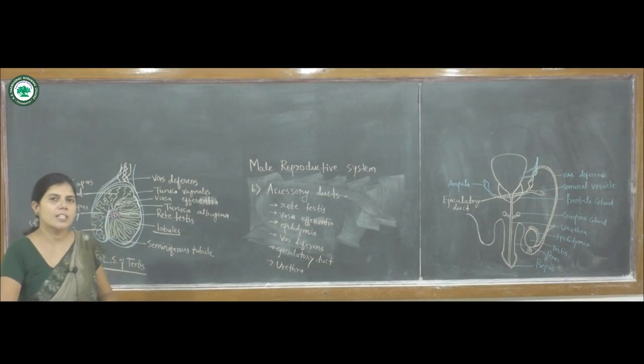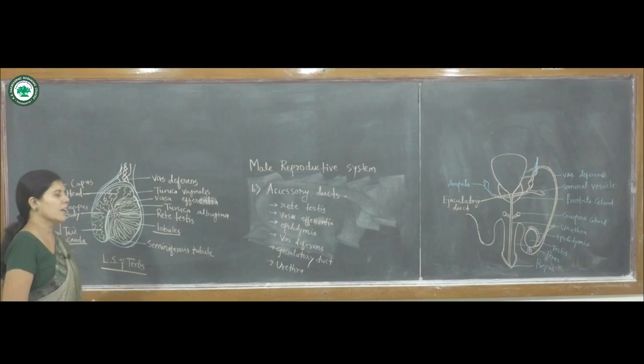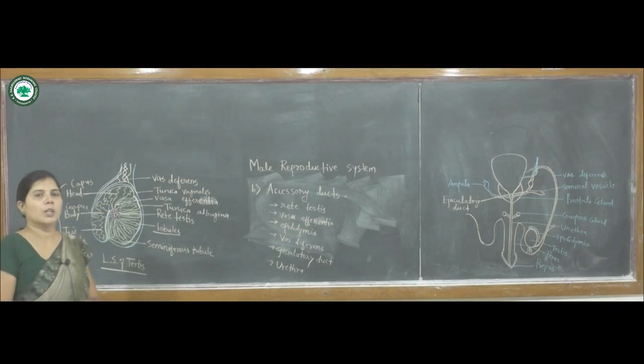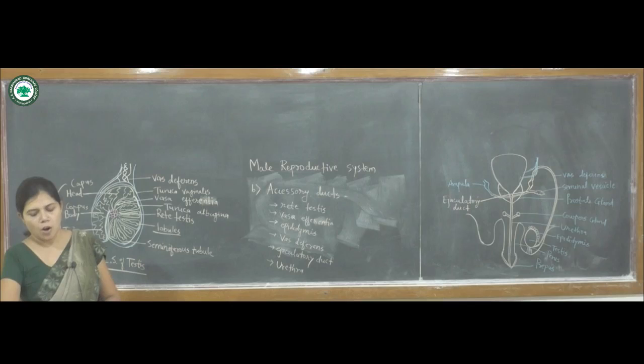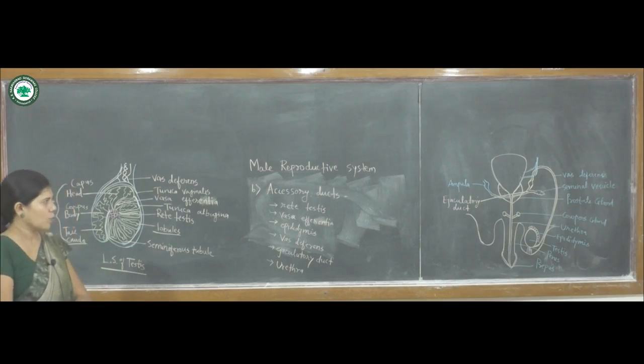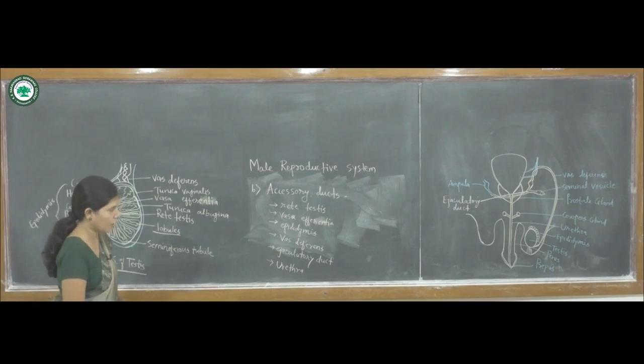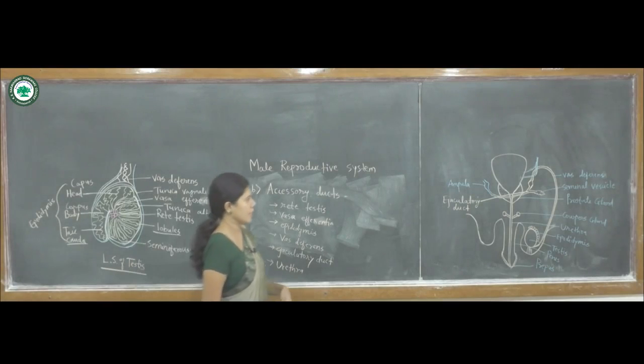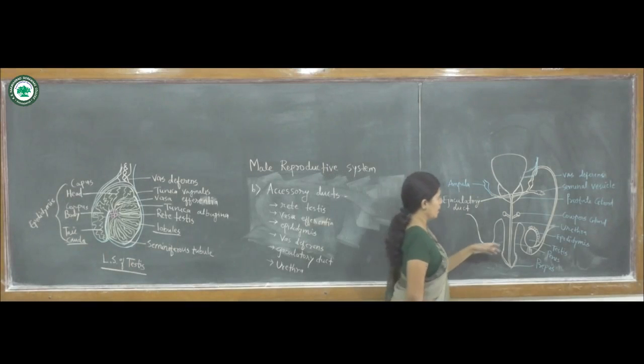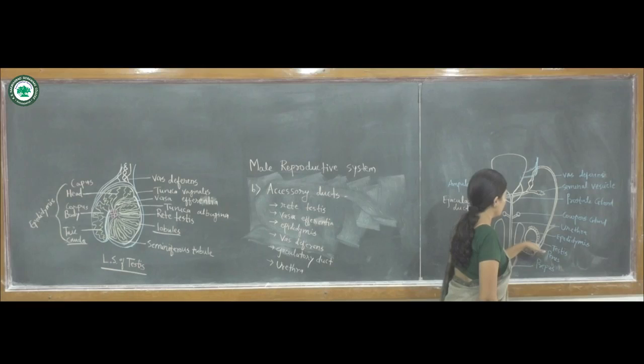The gametogenesis process takes place in the testes, and the epididymis gives maturity to the spermatozoa or sperm. Now the epididymis is connected to the vas deferens.